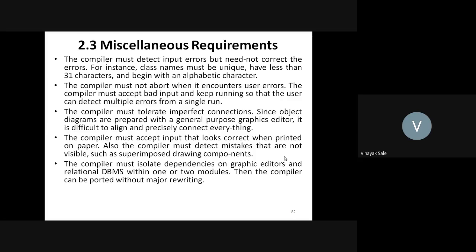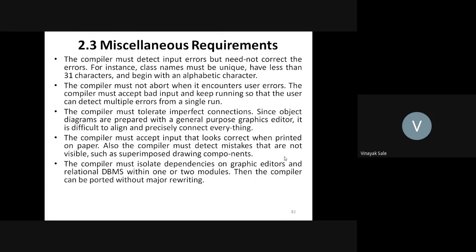The compiler must tolerate imperfect connection. Since object diagrams are prepared with general purpose graphics editors, it is difficult to align and precisely connect everything. The compiler must accept input that looks correct when printed on paper.